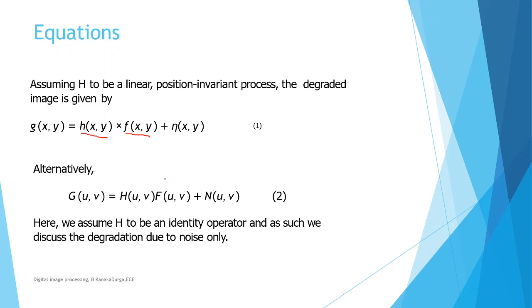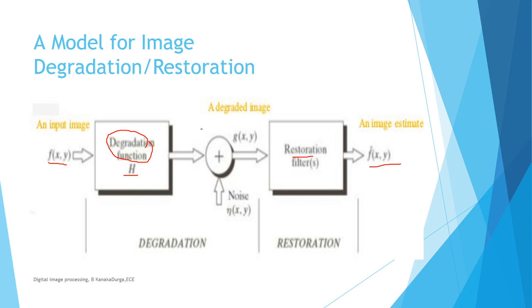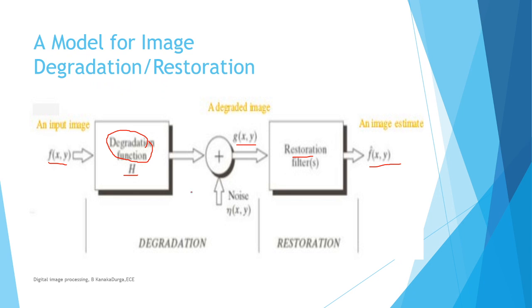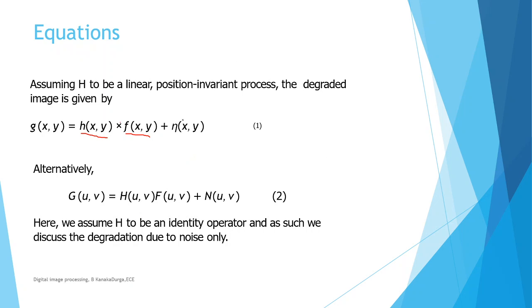So what will g of x comma y be? g of x comma y is equivalent to h of x comma y convolved with f of x comma y, and the noise is also added, n of x comma y.